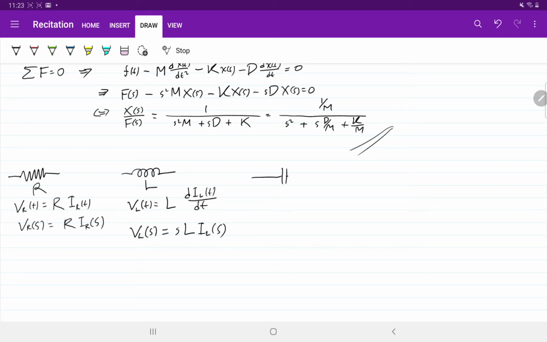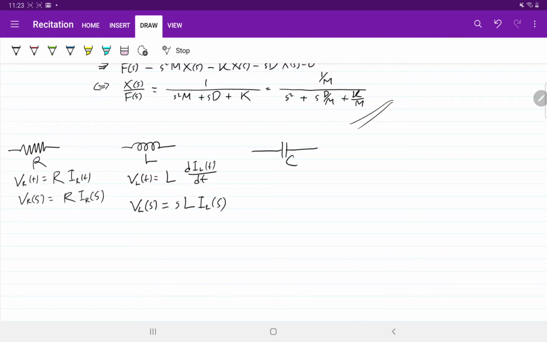For a capacitor with capacitance C, the capacitor current I_C of t is C times the time derivative of the voltage over dt.